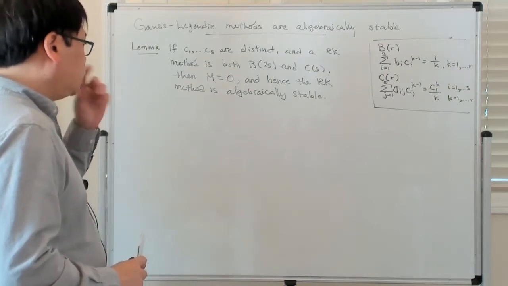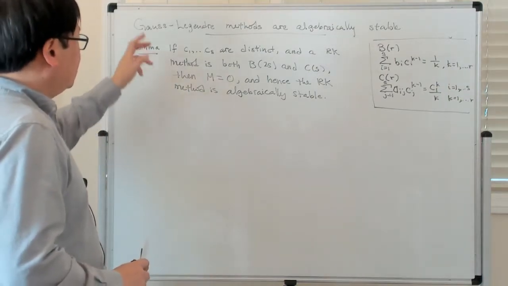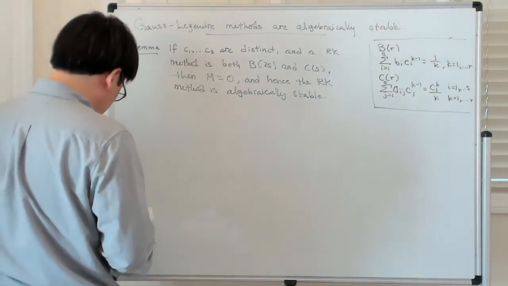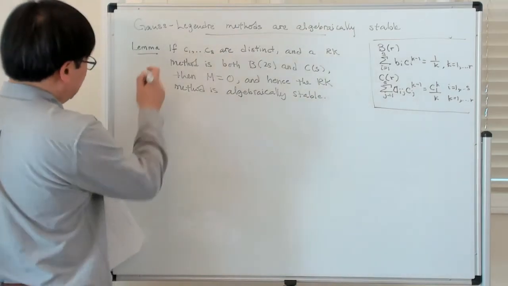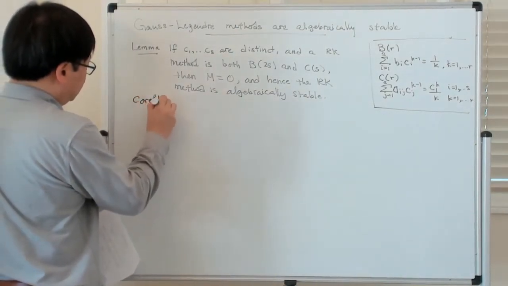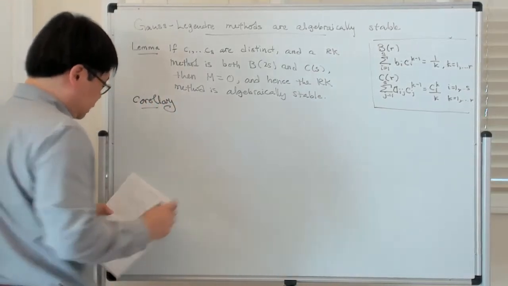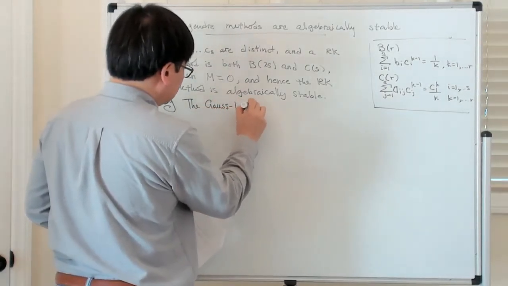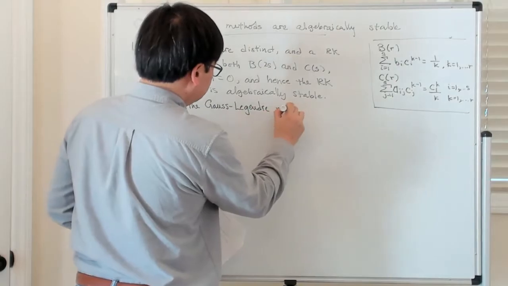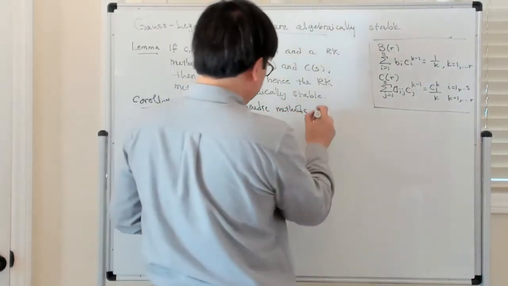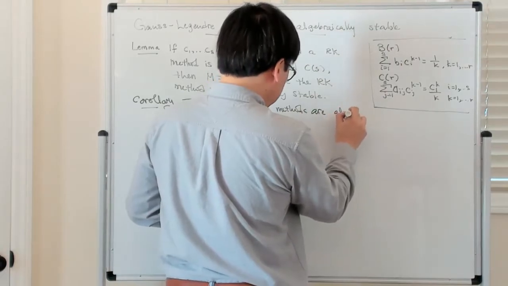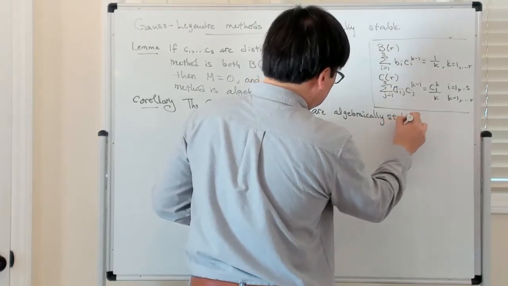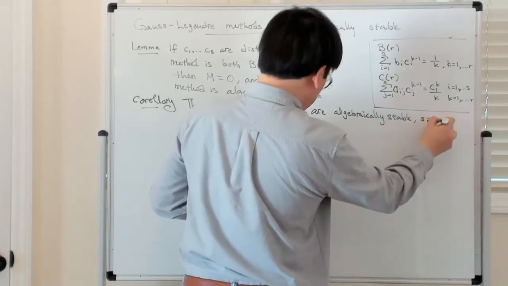Okay? So what we're going to show by using this lemma is that the Gauss-Legendre methods are algebraically stable. Let me state the consequence of this corollary. It says that the Gauss-Legendre methods are algebraically stable for all s greater than or equal to 1.